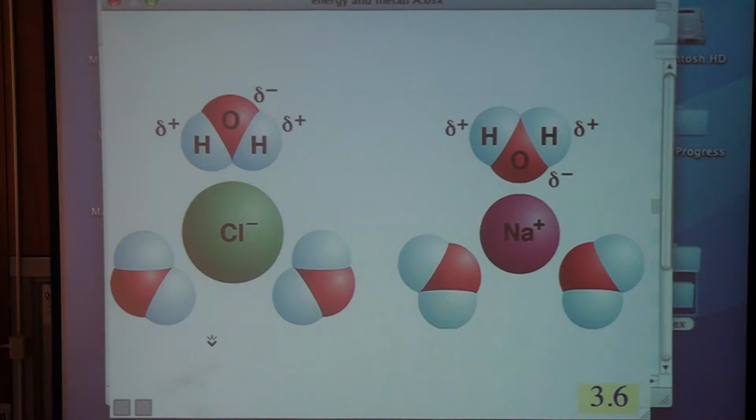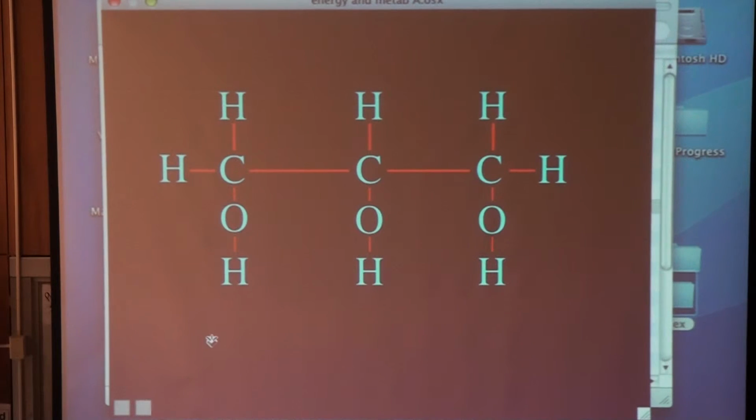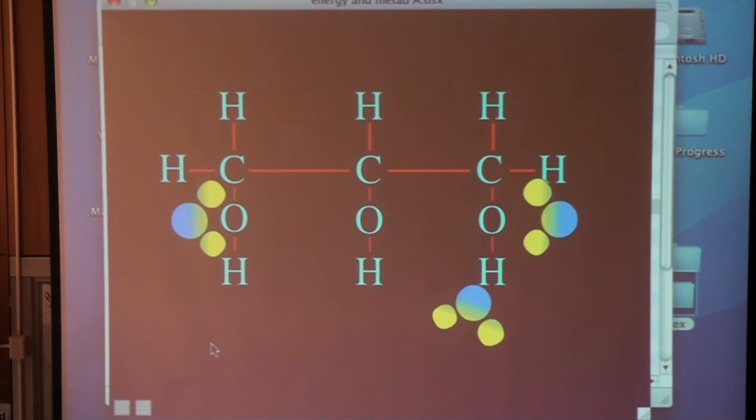If things are ions, like sodium ions or chloride ions, they attract water molecules electrostatically because the ions have electrical charges and the water molecules have partial charges, which are still attracted to those ionic charges. And even for molecules that aren't ions, like this glycerol molecule, they still attract water molecules electrostatically because the glycerol molecule has partial charges, and those will attract the partial charges of the water molecules. So the main point here is solutes attract water molecules.